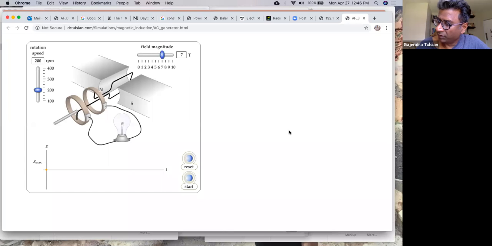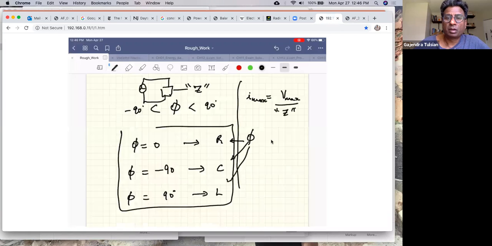And phi tells you whether the circuit is purely resistive, capacitive, or inductive. Here's the circuit. We want to know the impedance of the circuit. The amplitude of the current is the amplitude of the voltage divided by the impedance.